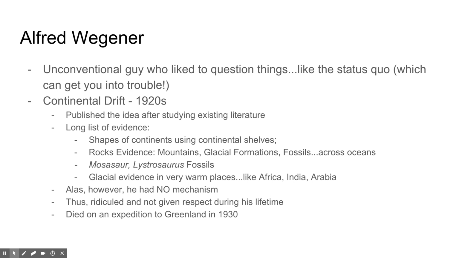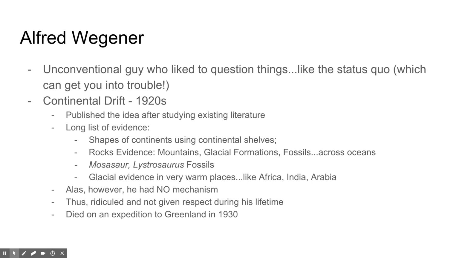Specifically, there were certain organisms like mosasaurs and so forth, that were land-dwelling and could not have swum across the ocean to be deposited both in South America and in Africa, for instance. Also, glacial evidence in very warm places like Africa and India and Arabia. How do you get glaciers in a place that's in the tropical area or very, very hot in general? But he had no mechanism for how the continents separated the way they did.